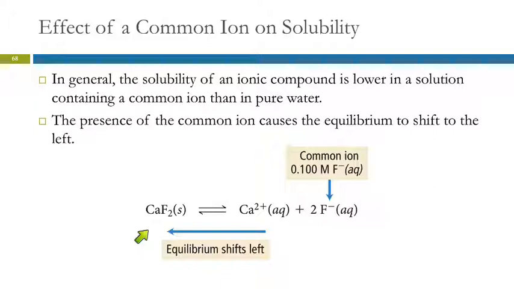If we're dissolving this instead of in pure water, in a solution of 0.1 molar fluoride ion, the fluoride ion is going to cause the equilibrium to shift to the left. Adding some fluoride will cause the equilibrium to shift to the left. That reduces the molar solubility. KSP is the same, though. Any questions? That make sense?